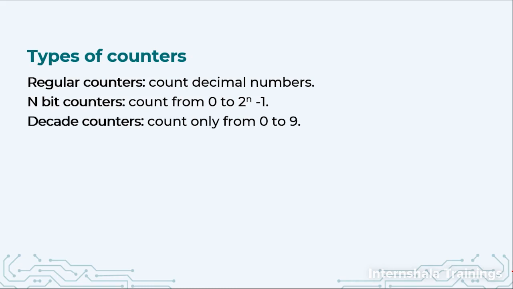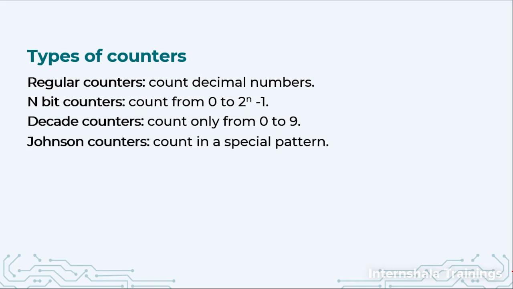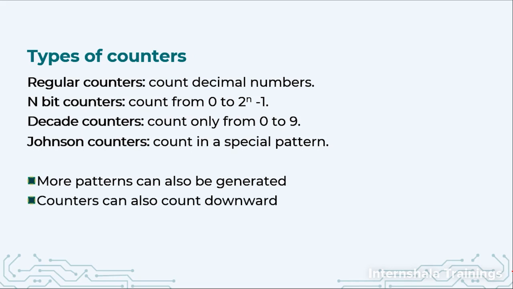We have decade counters which can count only till 9. Then we have the Johnson counter which is going to generate some special patterns. We have more patterns that can be generated by very specific counters which can be designed using finite state machines. And we can also design the counters to count in the downward direction.